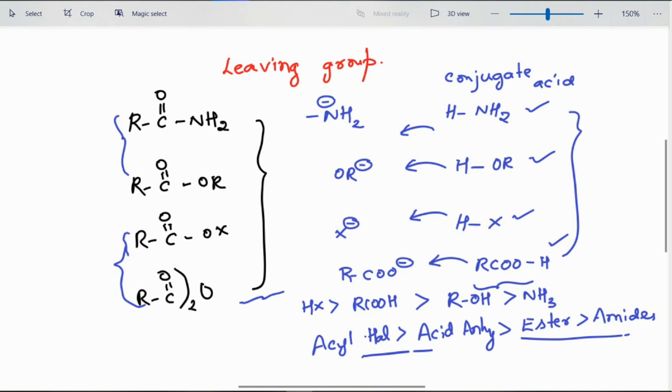So this is about the nature of the leaving group affecting whether a reaction undergoes Michael addition or direct addition. I hope you have understood this concept of the leaving group's nature and the nature of the reagent.